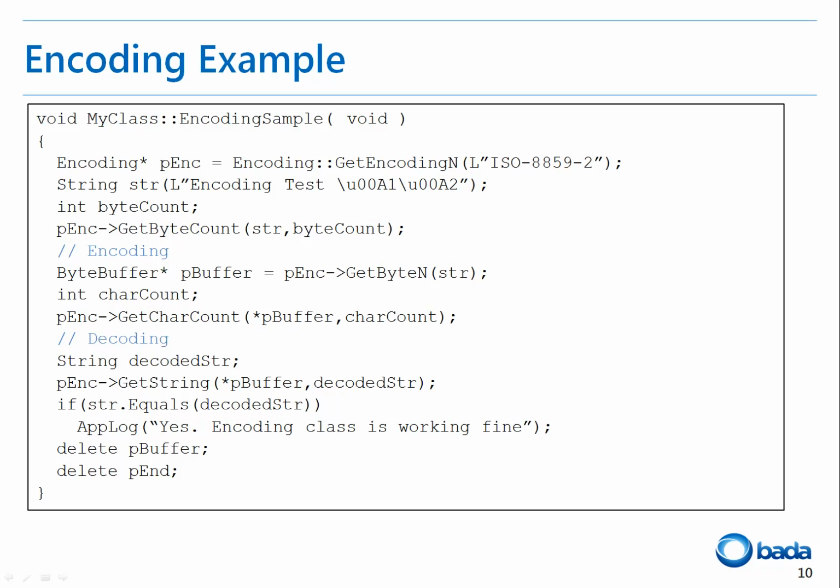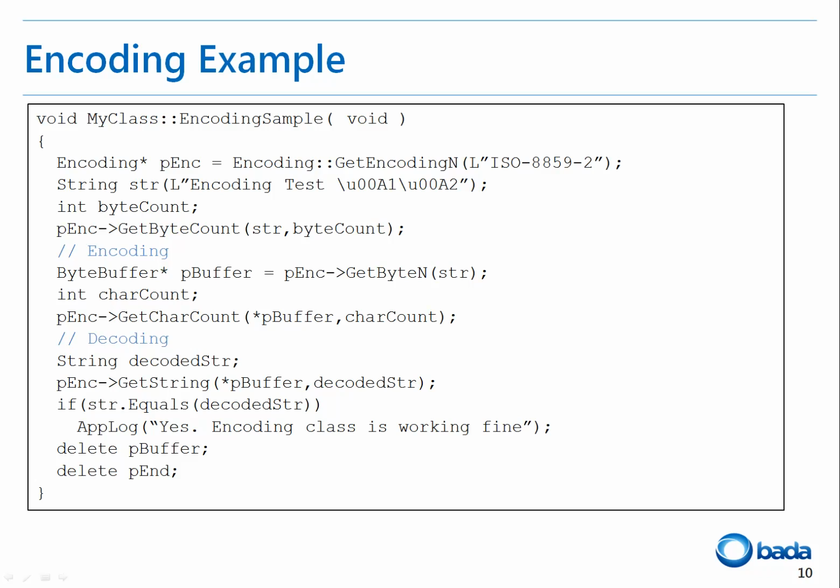The getByteN function is then used to encode the Unicode string into a byte buffer. The getCharCount function is then used to get the number of Unicode characters required to decode the encoded string in the byte buffer back to the Unicode. The getString function decodes the encoded string saved in the byte buffer into Unicode.